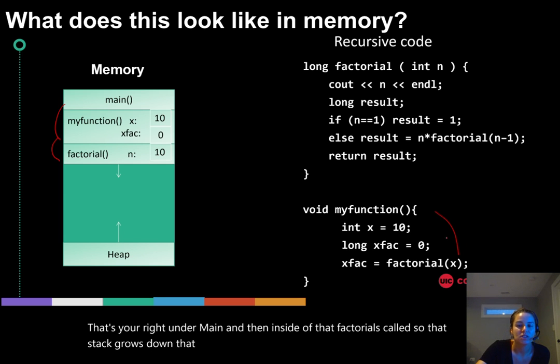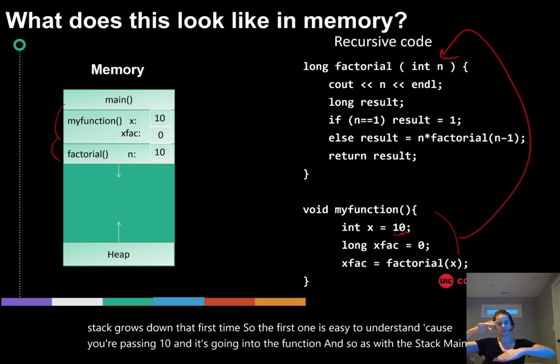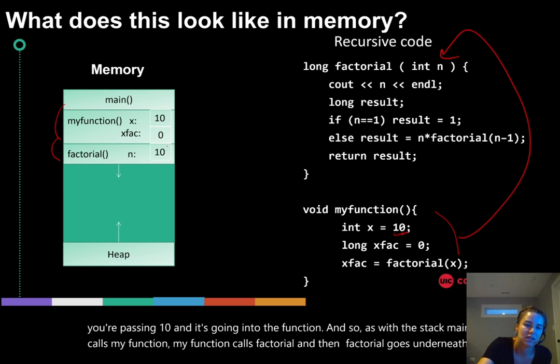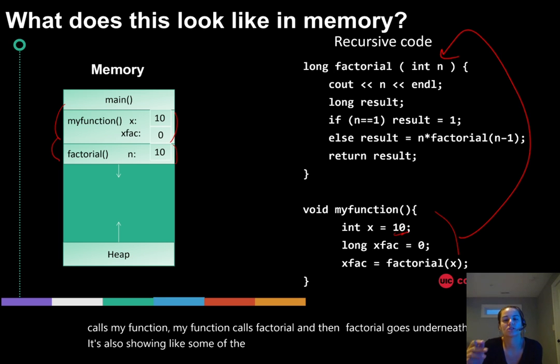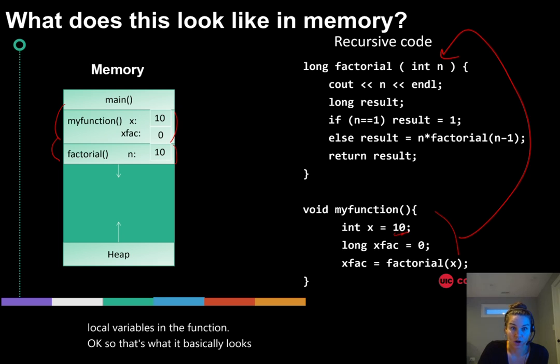The first one's easy to understand because you're passing 10 in and it's going into the function. As you know with the stack, main calls my function, which calls factorial, and then factorial goes underneath. It's also showing some of the local variables, or all of the local variables, in the function. Okay, so that's what it basically looks like for the first call.